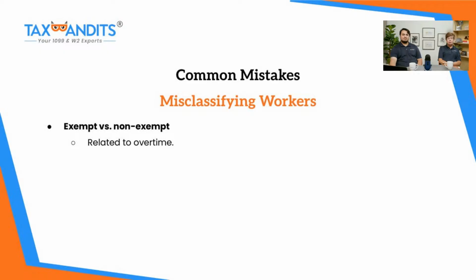And then a huge mistake is if you misclassify a worker as exempt or non-exempt, and this is related to overtime. An exempt employee is not eligible for overtime, whereas a non-exempt employee would get their base salary plus overtime if it was worked.